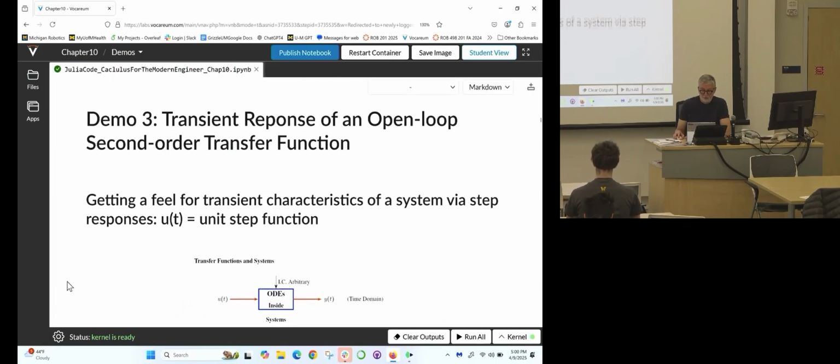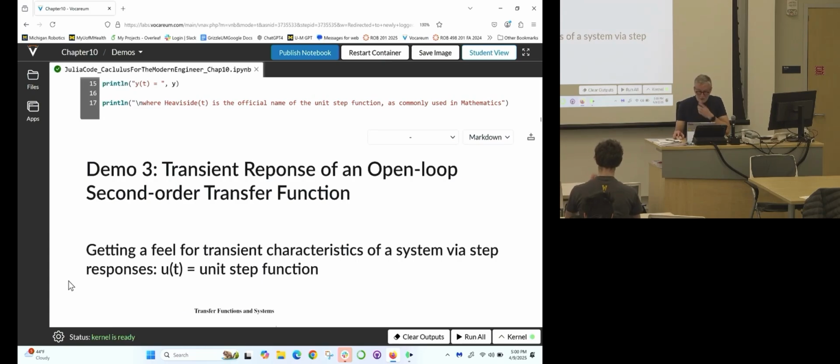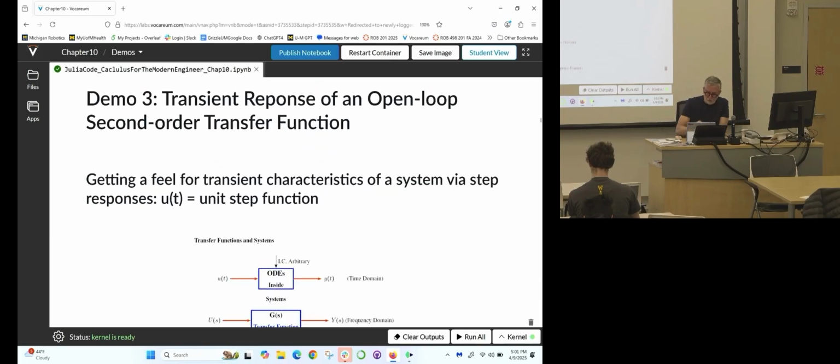Demo 3. Okay, so we're just going to take an open loop system. So once we calculated the closed loop transfer function, it was a gain over s squared plus something times s plus a constant, okay? So it was a second order transfer function with just a constant in the numerator.